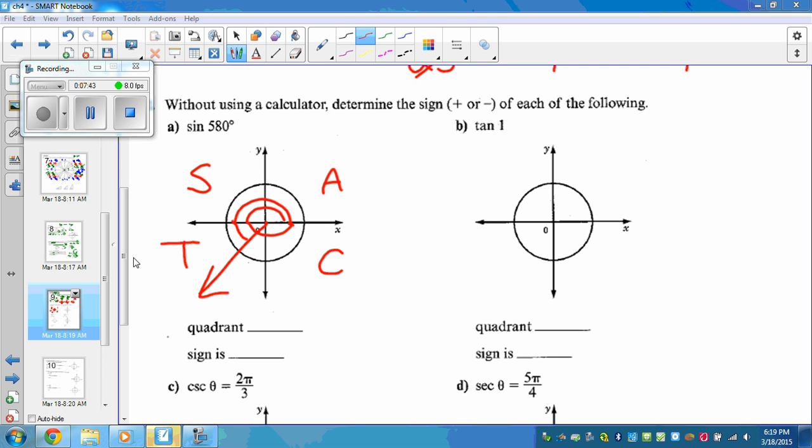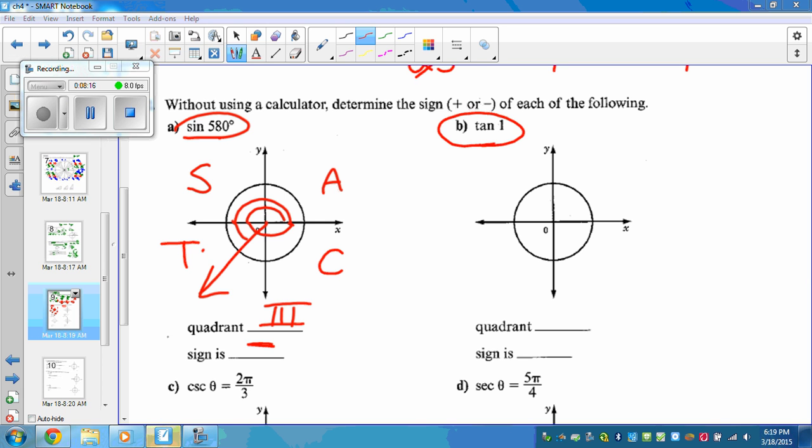So this angle is going to be hanging out in this quadrant right here. This, of course, is quadrant number 3. So quadrant number 3, because we're talking about the sine of 580, only tangent and its reciprocal is positive. So we're going to have a negative value. That's all it's asking here. We don't have to find out anything about it, like its actual value.